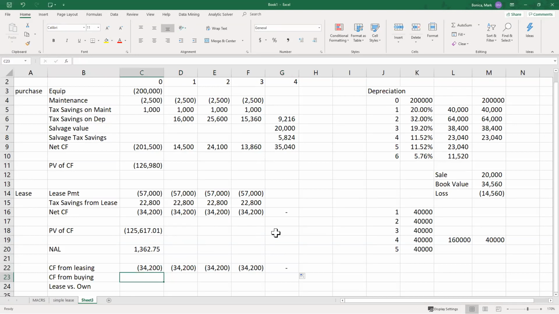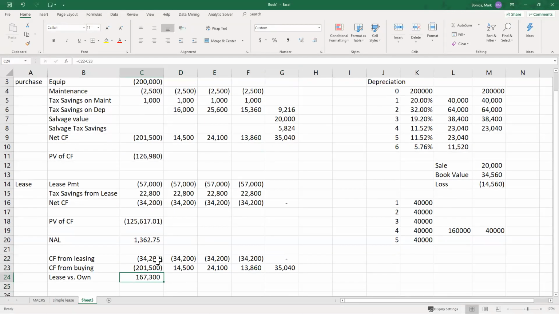And I'm going to grab the cash flows for buying up here. And I'm going to say, what's the net advantage of leasing? So I'm going to take the cost of leasing minus the cost of buying. Right? So it's $167,000 less at time zero to lease than to buy. And I'm just going to copy that across. So again, this is just lease minus buy. Each cell is just lease minus buy.